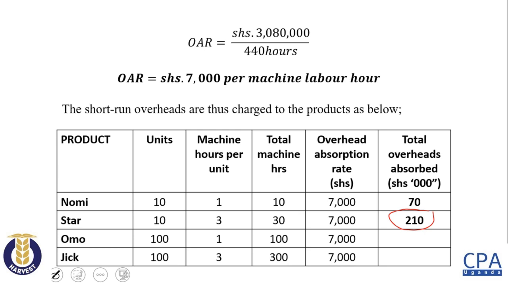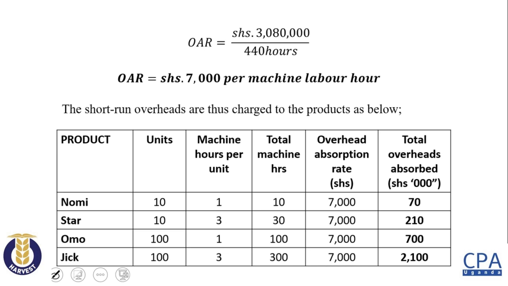And then next we have Omo. We multiply 100 times 7,000, and that gives us 700,000 shillings, meaning that the units of Omo are going to absorb 700,000 of the short run overheads. And then finally we have our Jik. We are multiplying 300 machine hours times the rate of 7,000, and of course my calculator is returning a figure of 2,100,000.